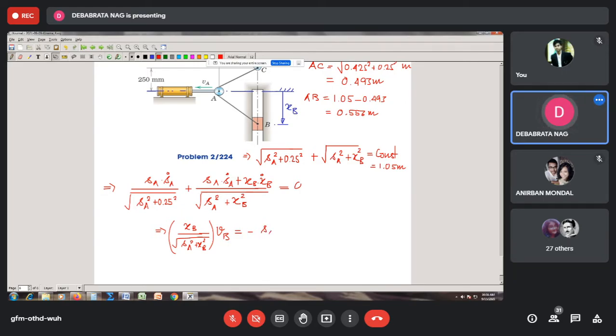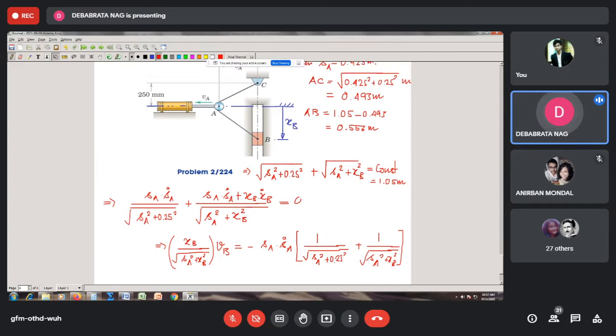I can take SA into S dot A common and write that it will be 1 by root over SA square plus 0.25 square, plus 1 by root over SA square plus XB square.